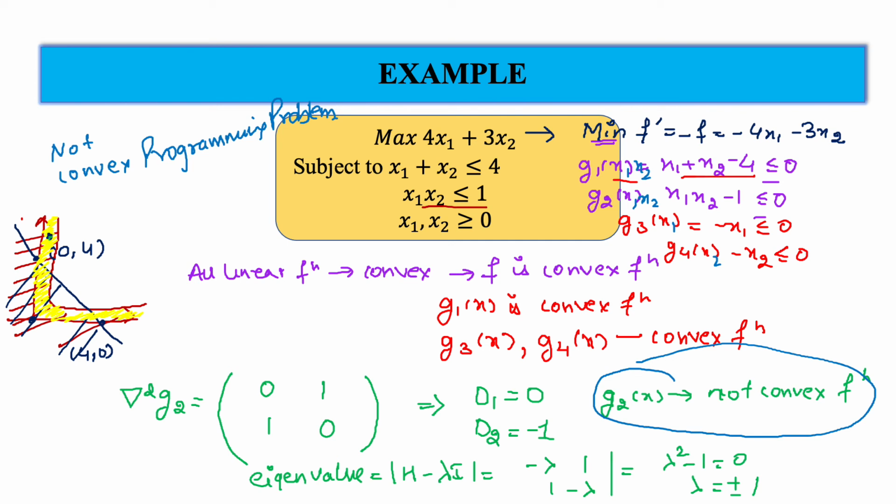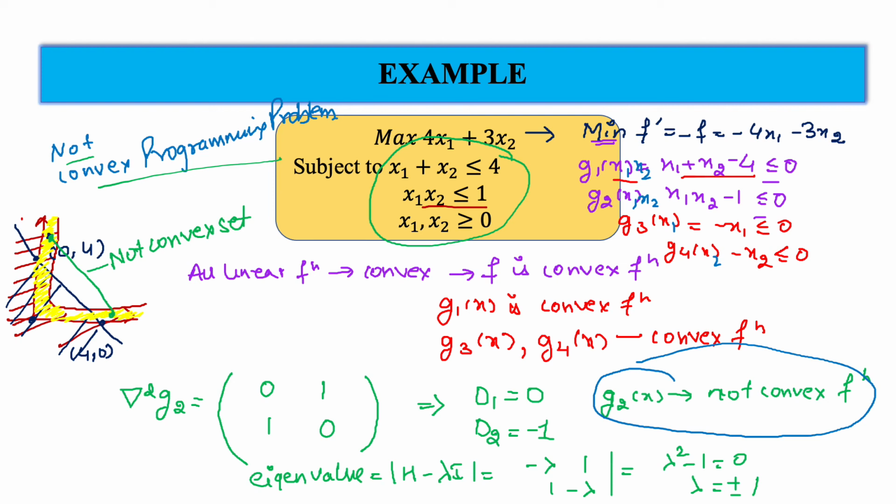Okay, so any 2 points, we have seen the convex set definition, that if the line joining them is not a part of the convex set, then this is not a convex set. Okay, so it's not a convex set, hence this problem is not a convex programming problem. This set formed with the help of the constraints is not a convex set, so my problem is not a convex programming problem.